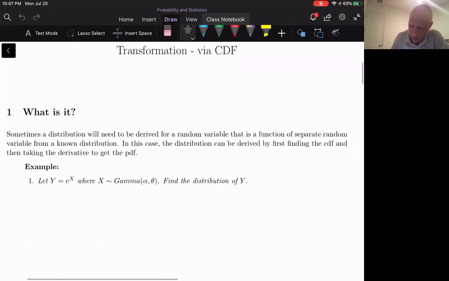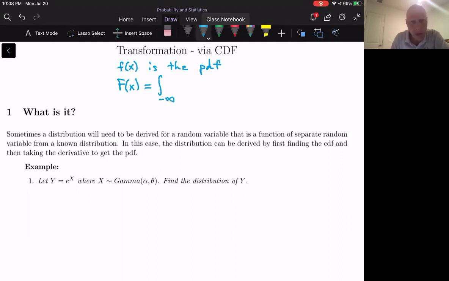Yeah, so in the continuous sense, I'll just make a note over here that remember that f of x is the PDF, and that capital F of x is the integral from whatever the lower bound of the support is up to x of little f of t.